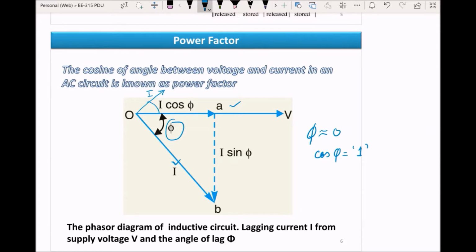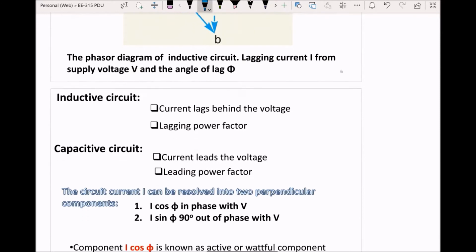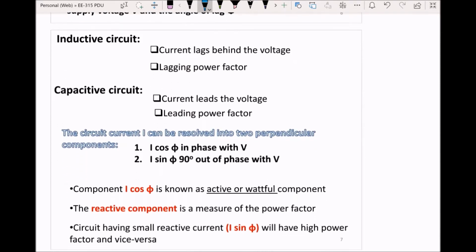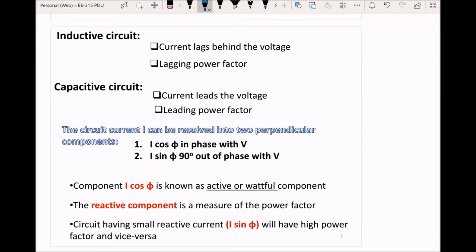Now, emphasizing useful power, let me draw the previous figure one more time. So this was the reference voltage, and that was the current.